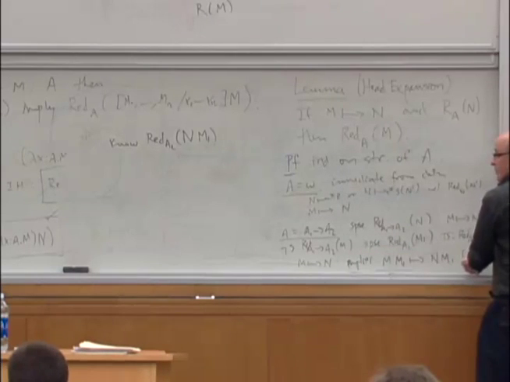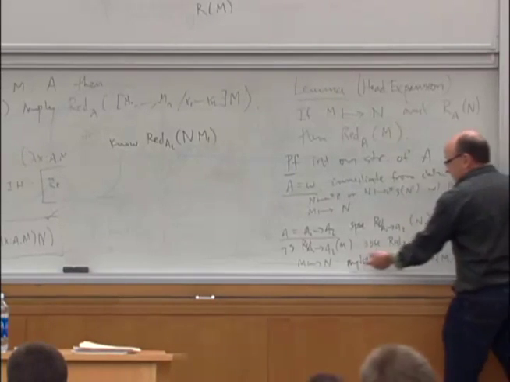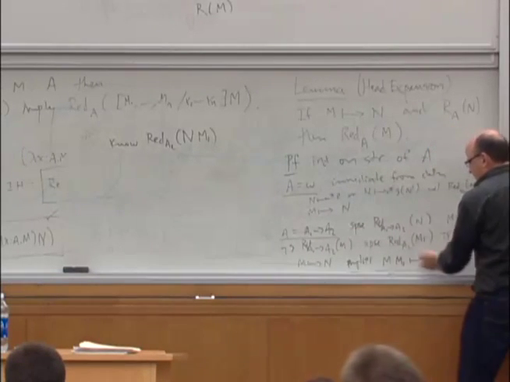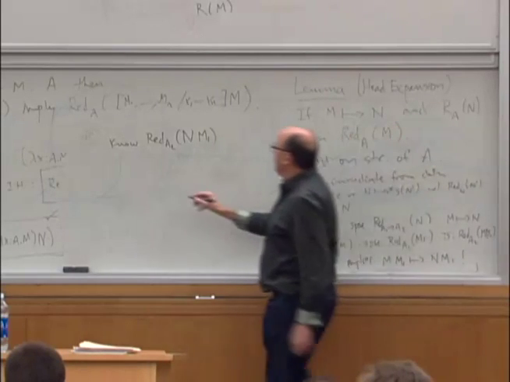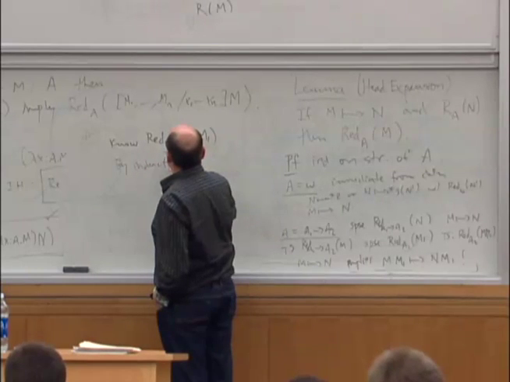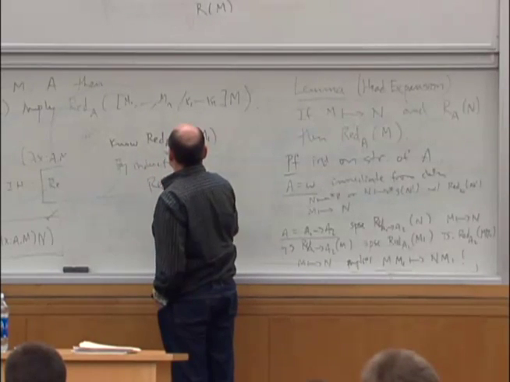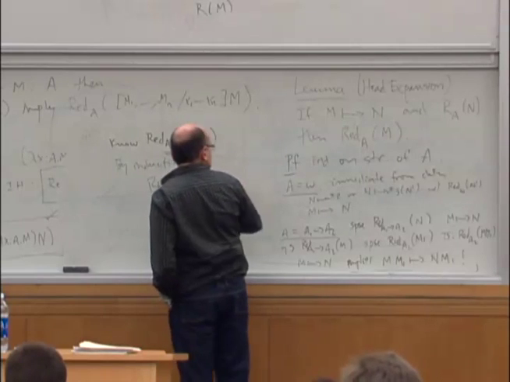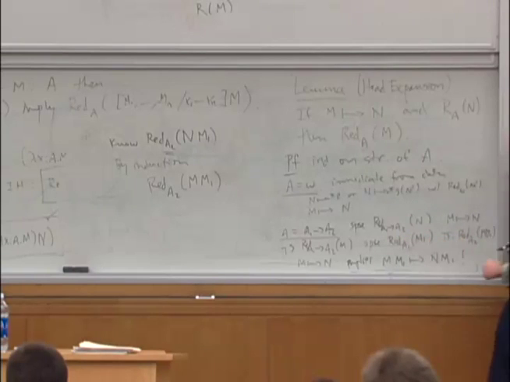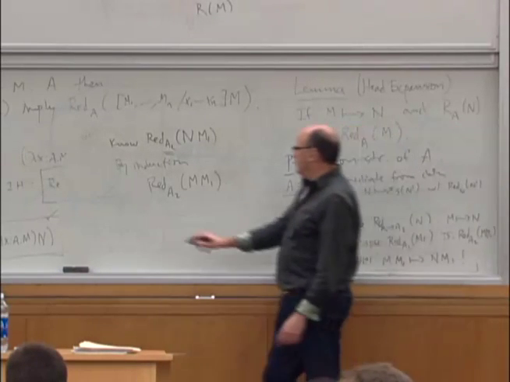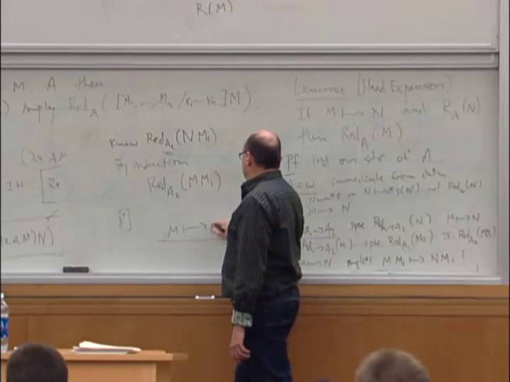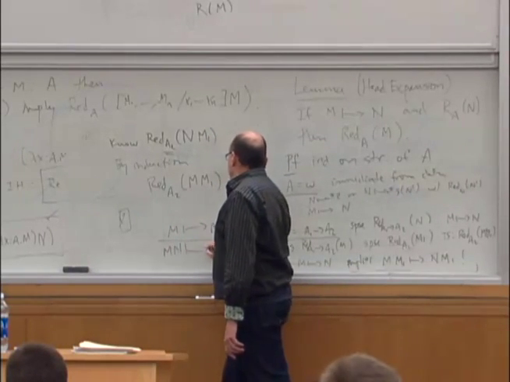And then by this principle of evaluation, which says that you can evaluate an application by evaluating the function position, I know by induction, because it's a smaller type A2, that M applied to M1 is reducible, and that's what I needed, because I was trying to show that M is reducible by applying it to a reducible argument. And that's it. So my point is that this rule here, which I wrote something like this, is crucial.